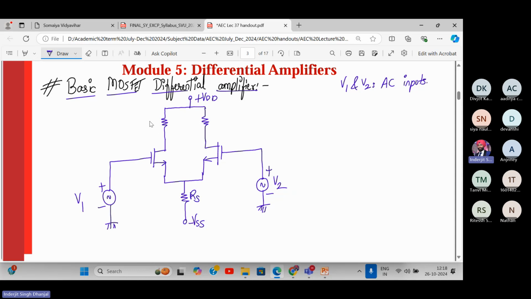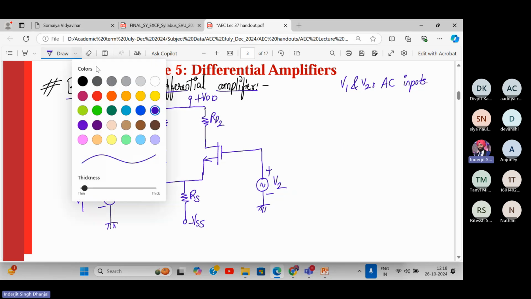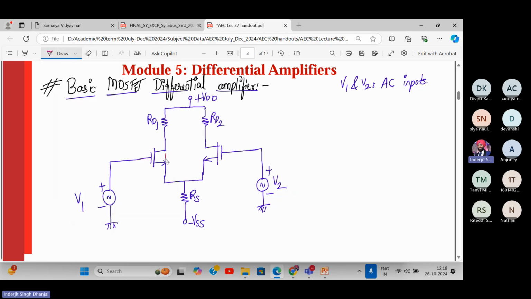This is RS, this is RD1, this is RD2. Please complete the diagram. Then I'll discuss it a little more. We can name the transistors M1 and M2.